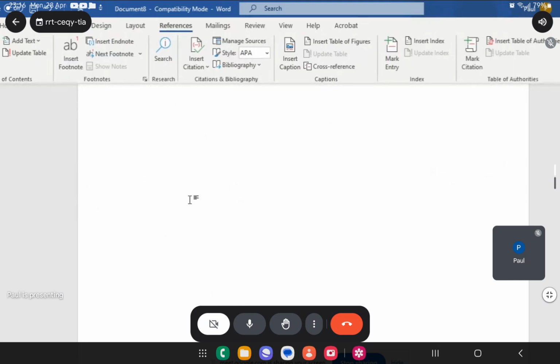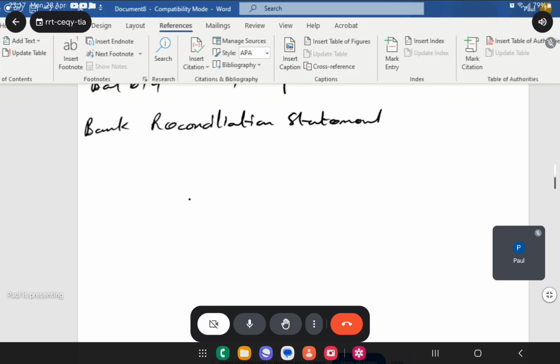So since we are done, we prepare our bank reconciliation statement. The balance brought down will be the 12,940. Were you writing something? Yes.